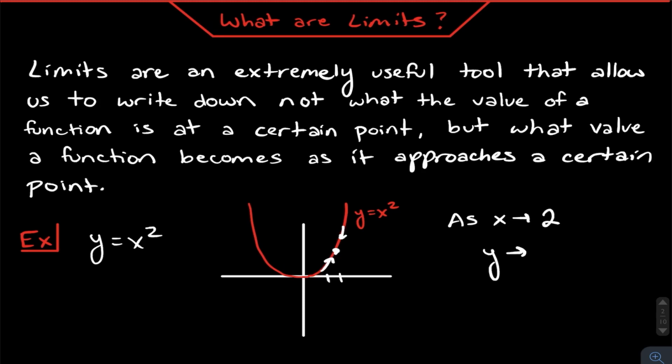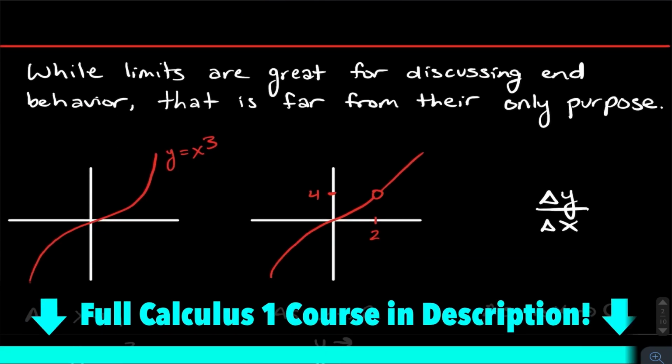Well, y is going to get closer and closer to the value at x equals 2, which is, let's plug in 2 here, 4. That's the idea of what limits are. We're not saying what that value is going to be, but we're saying what it approaches. I'll make that a little more clear in just a second here.